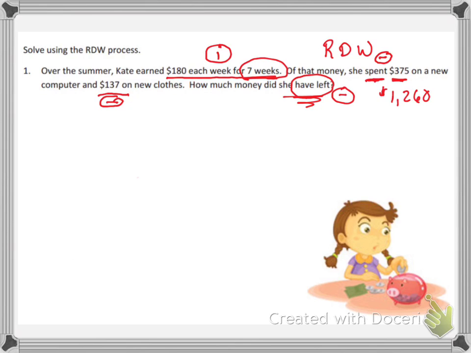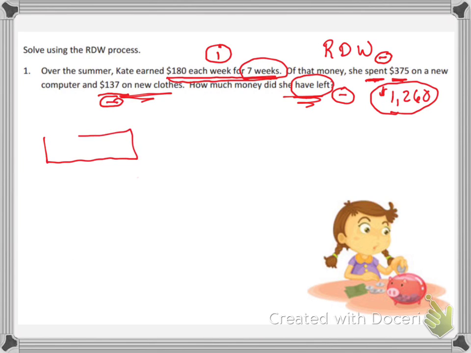We already figured out how much money she earned in 7 weeks, and that's right here, $1,260. But then she spent money on a new computer for $375, and then she spent $137 on some new clothes. So we need to find the total of how much money she spent.